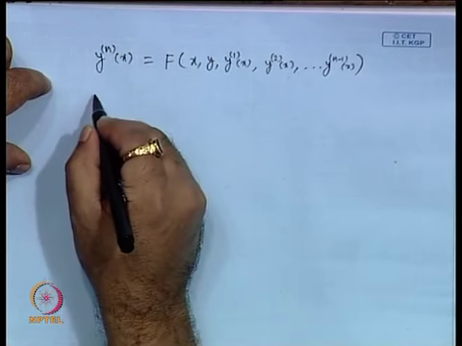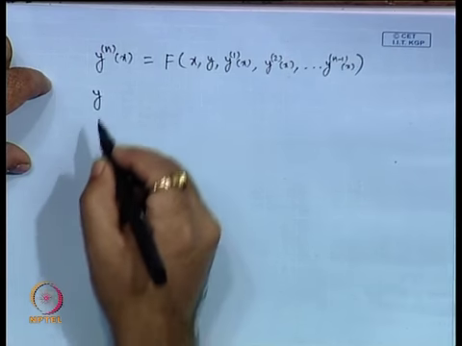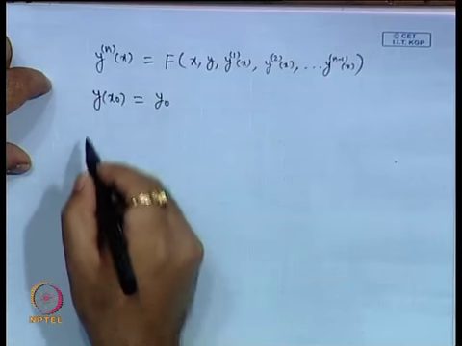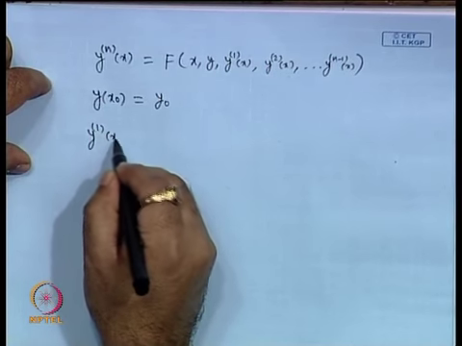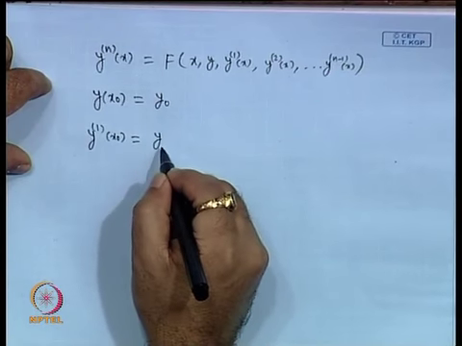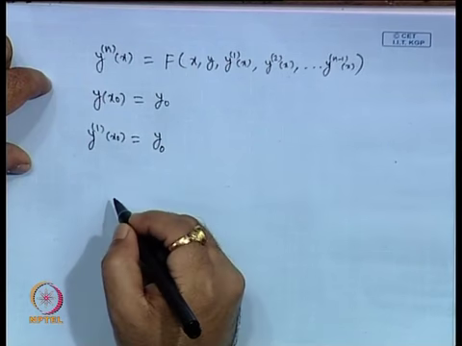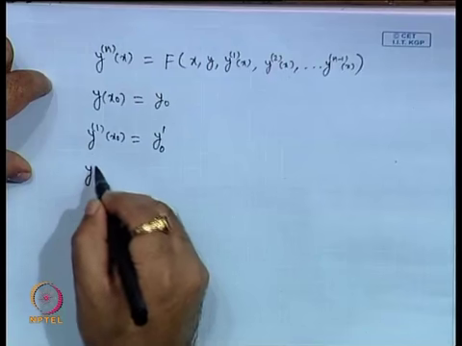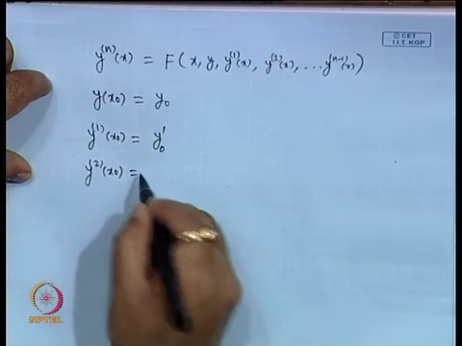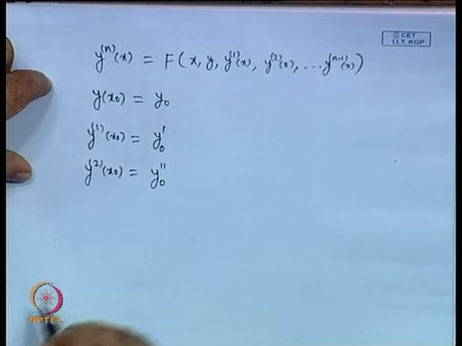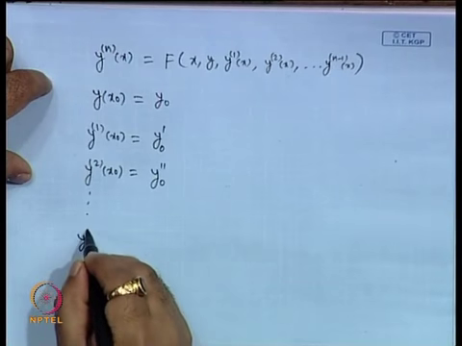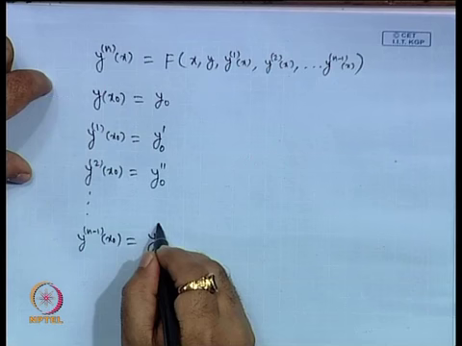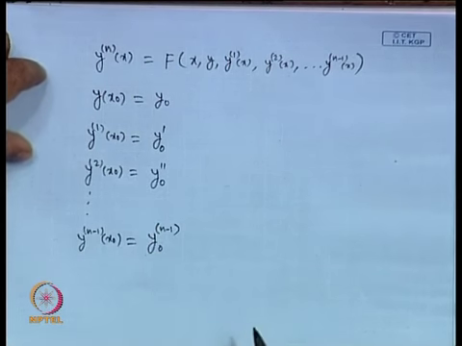So the right hand side is a processor which expects these values. First consider y at x naught is given. Then y1 at x naught, then y2 still at x naught, and so on.